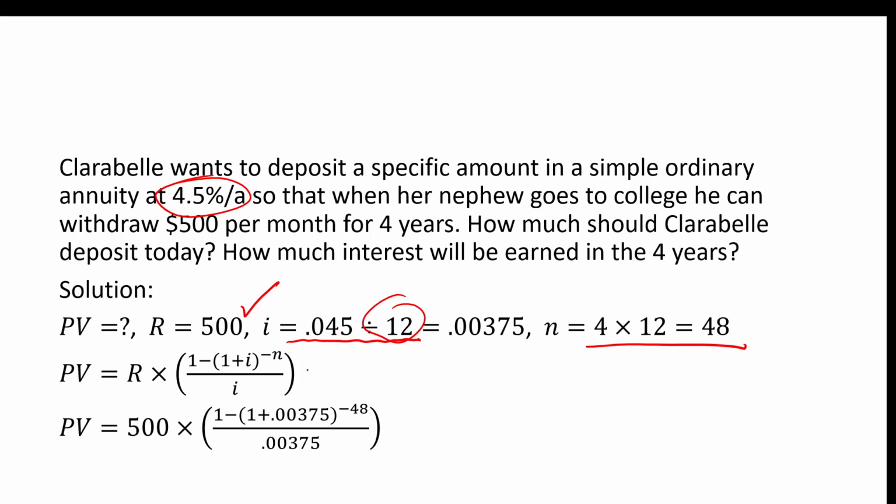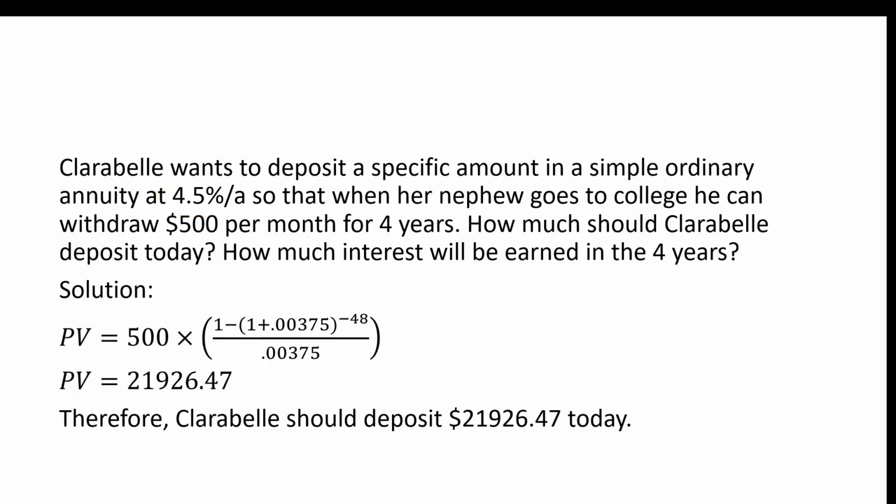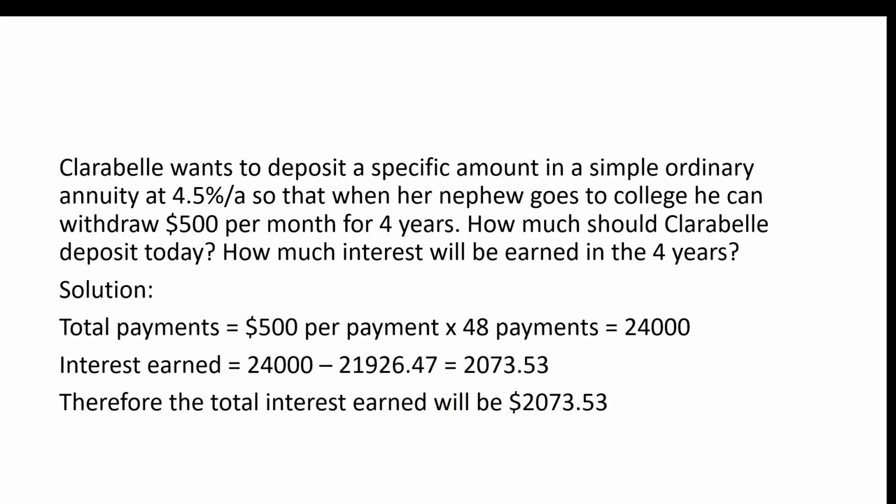So the present value of the annuity will simply equal this formula here if we plug in these numbers. So plugging in those numbers to that formula leads to $21,926.47. So what we're saying is Clarabelle should deposit $21,926.47 today to assure that her nephew can make these 48 future withdrawals of $500.